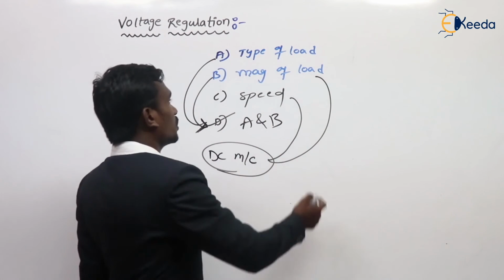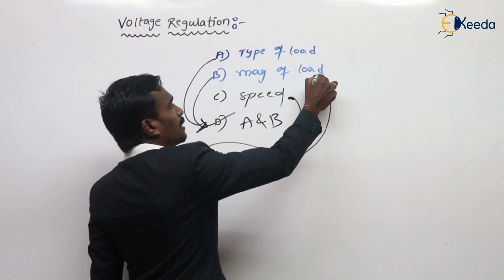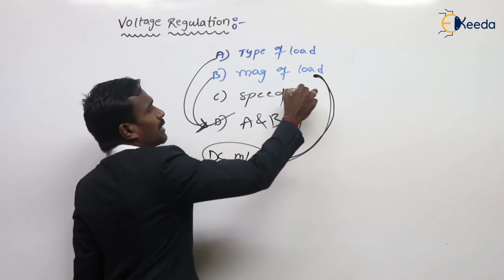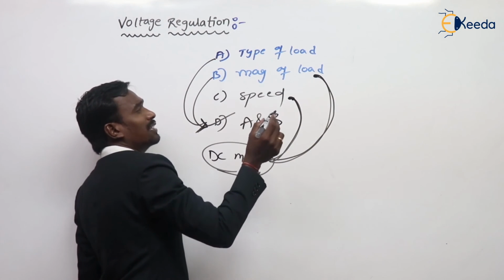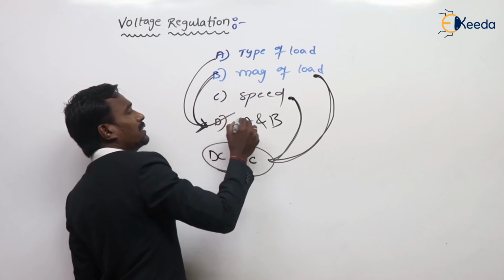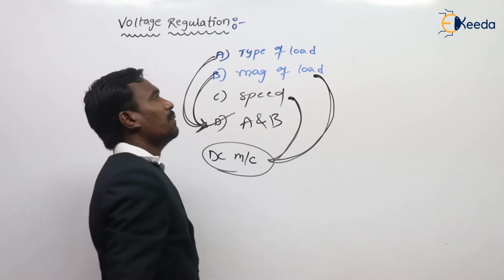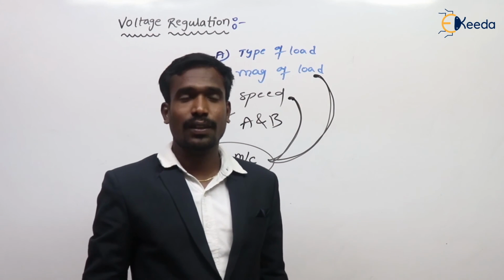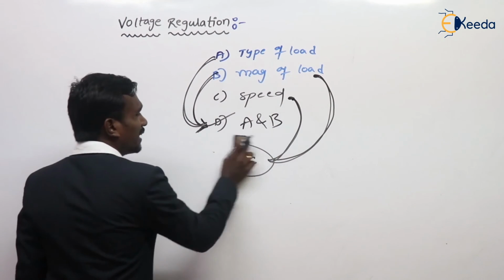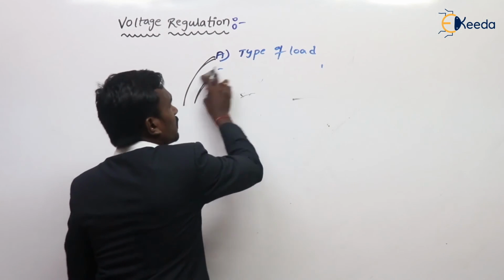So in a DC machine, the voltage regulation and armature reaction depend on magnitude of load and speed. But in a synchronous machine, they depend on type of load and magnitude of load.